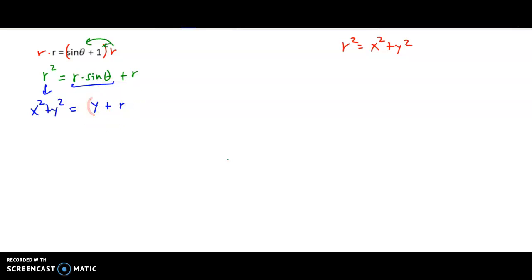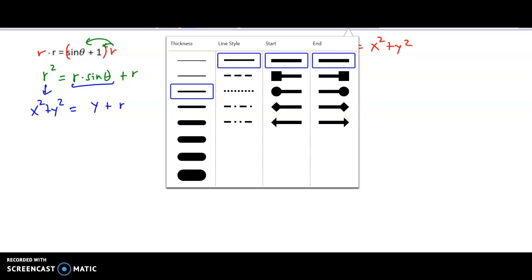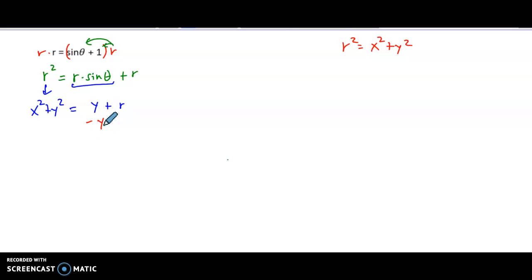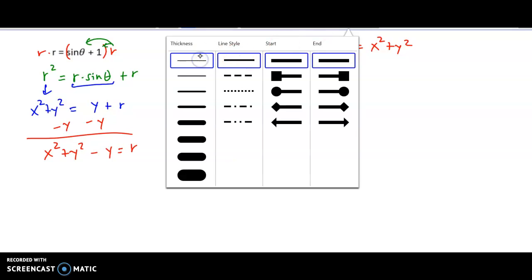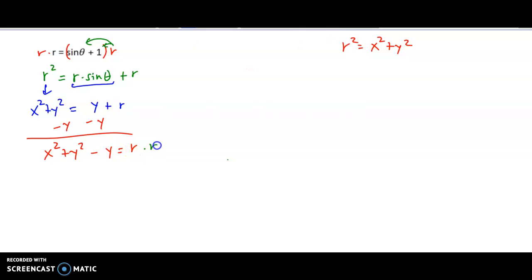So I don't want to do that. Instead, I'm going to subtract the y over to the other side. So I've got x squared plus y squared minus y is equal to r.